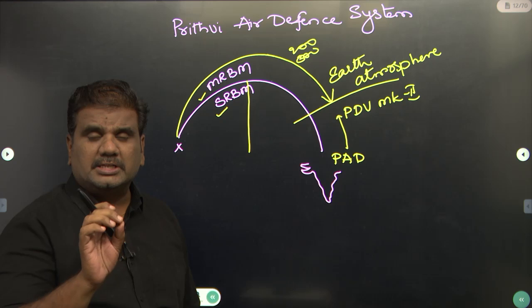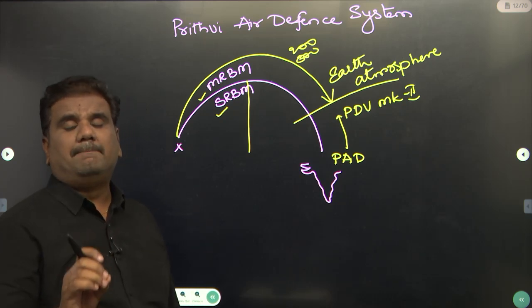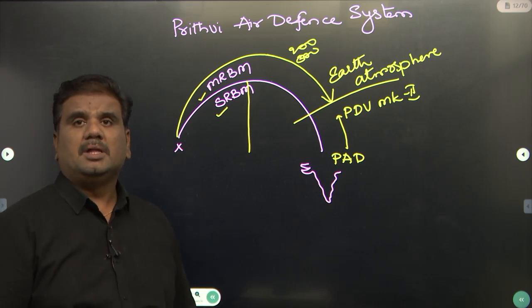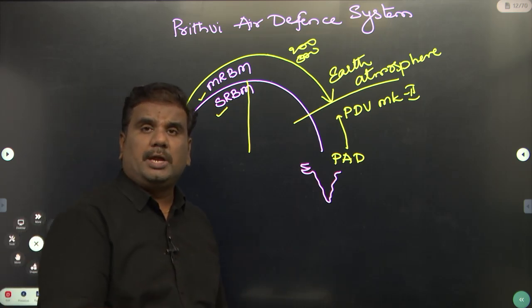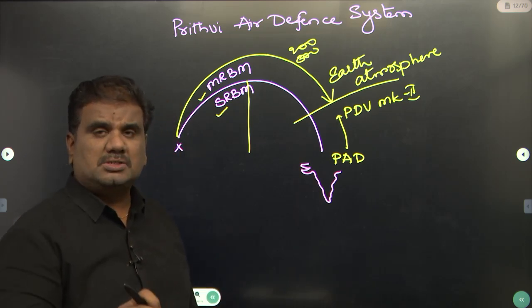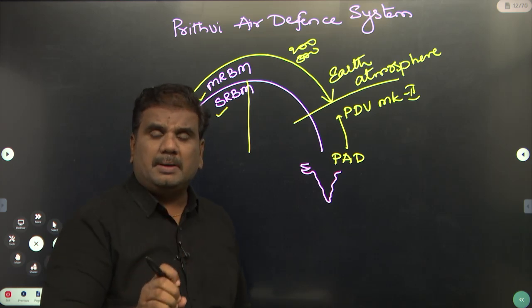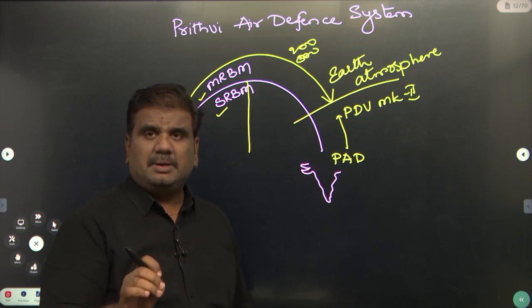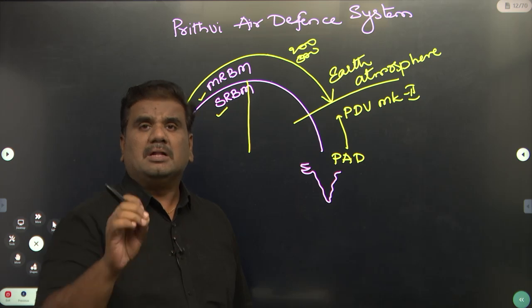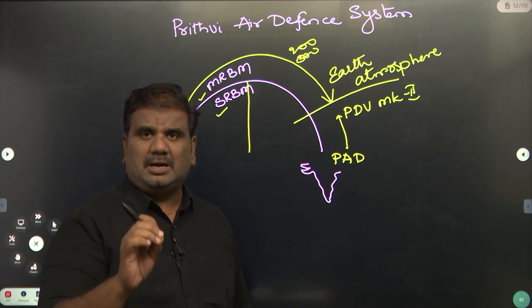Now that is what is known as the Pradyumna ballistic missile interceptor. So what is this device doing? First and foremost, the incoming ballistic missiles, SRBM or MRBM, are identified, located, and traced.